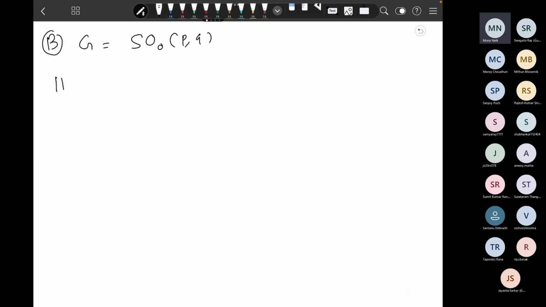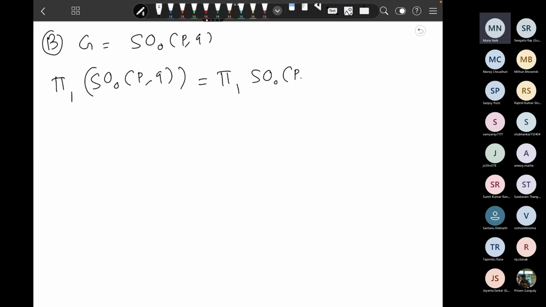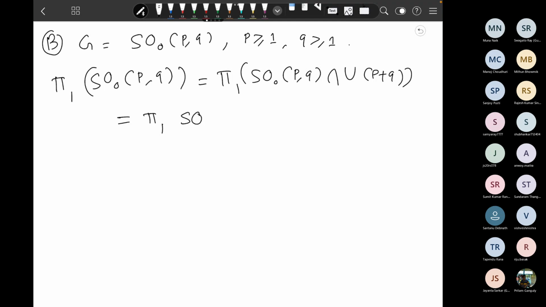So pi 1 of SO naught (p,q) is equal to pi 1 of SO naught (p,q) intersection U(p+q), where p is greater than or equal to 1 and q is greater than or equal to 1.